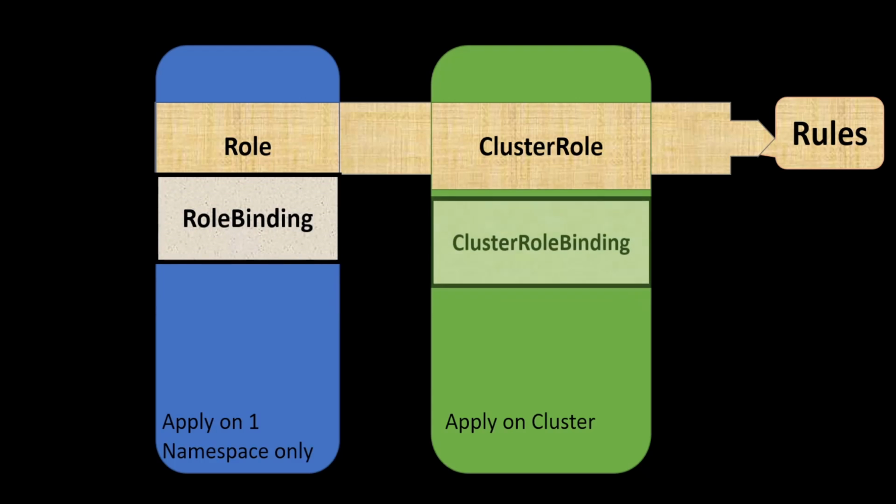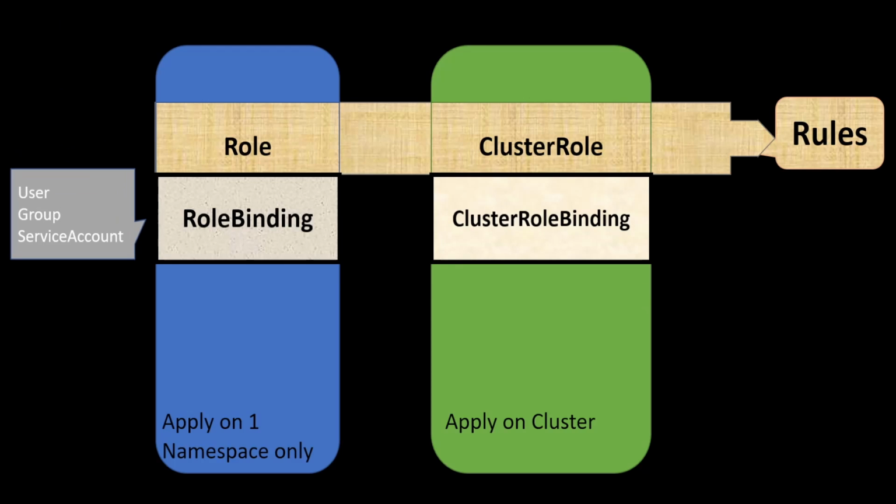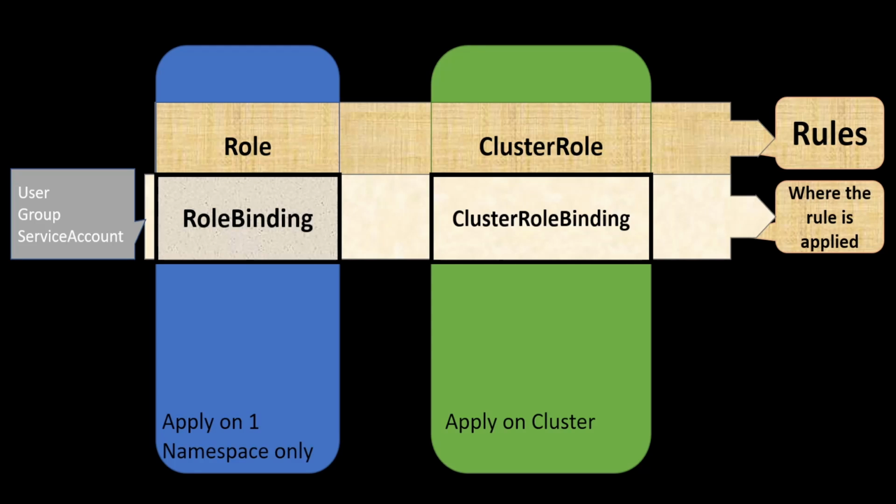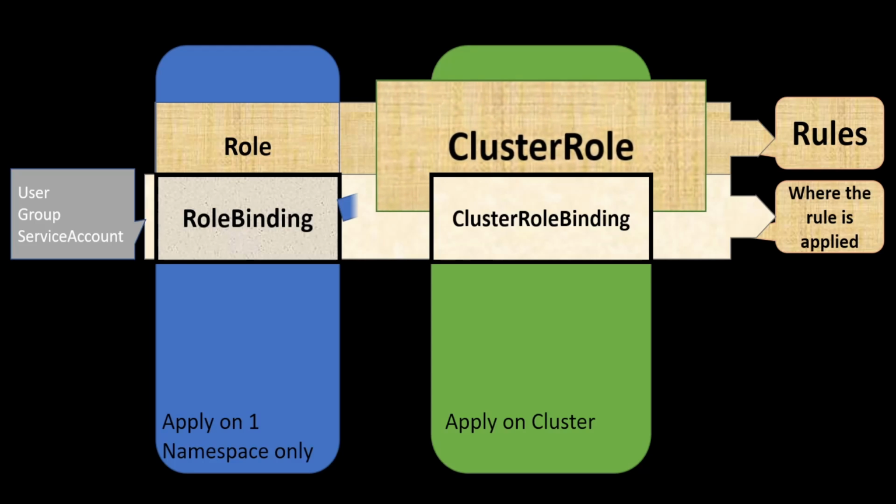Role binding and cluster role binding are used for assigning the rules to a user, group, or service account, and where the rule is applied. This is what we have defined in the role binding and cluster role binding. A role binding can also be bound to a cluster role. That's it. Thank you very much.